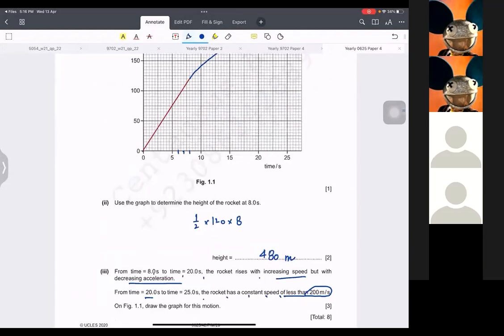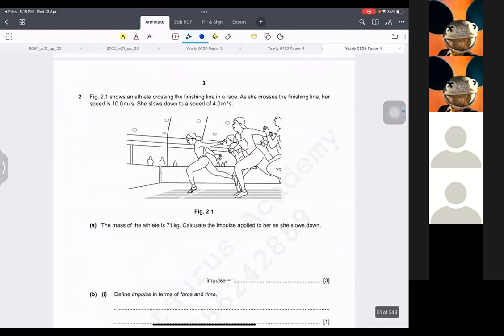Okay. Now, the mass of the athlete is 71 kg. Calculate the impulse applied to her as she slows down. Okay, so you have speed is 10, she slows down to 4, right? So mu was 71 times 10. mv was 71 times 4.